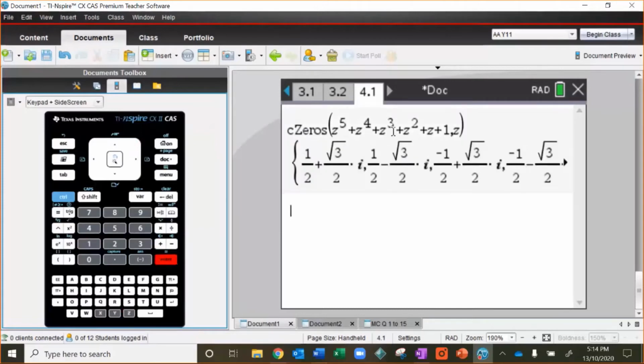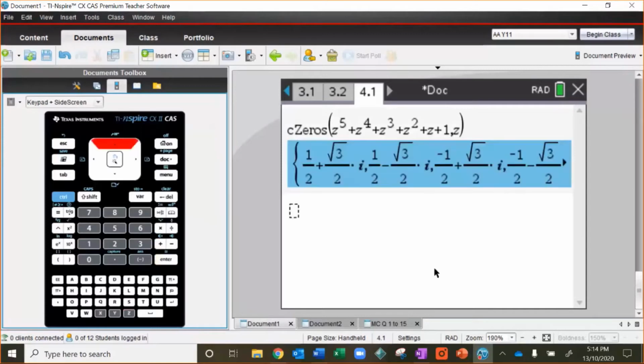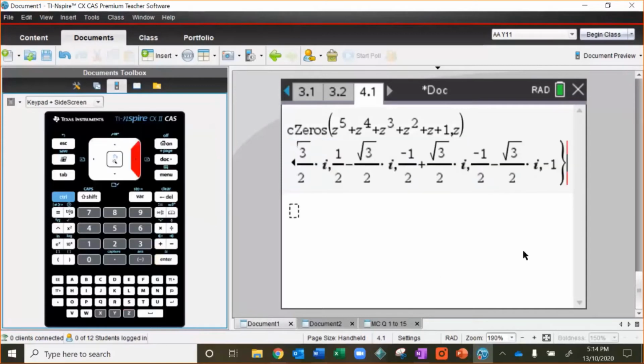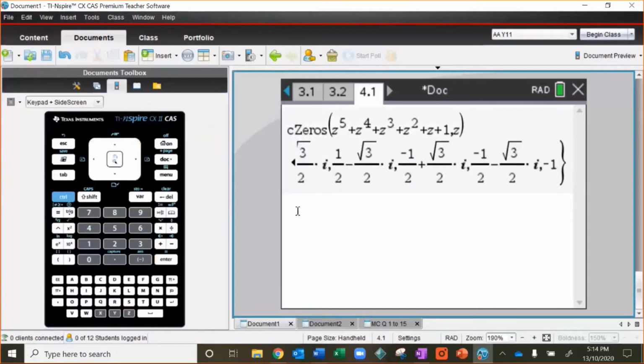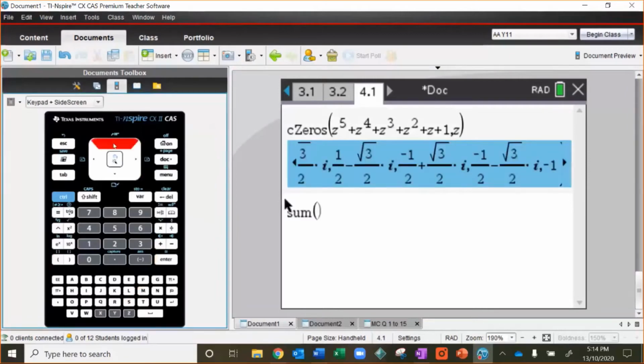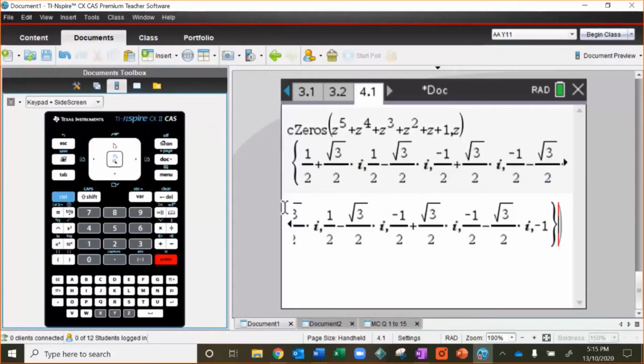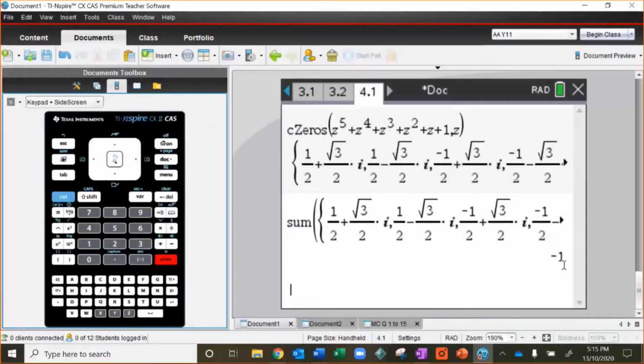By the conjugate root theorem, we'll have 4 complex roots occurring in conjugate pairs and 1 real root, -1. Now we just type sum, open the bracket, and go with the arrow up here. And it tells us that the sum of the zeros, or sum of the roots, is -1.